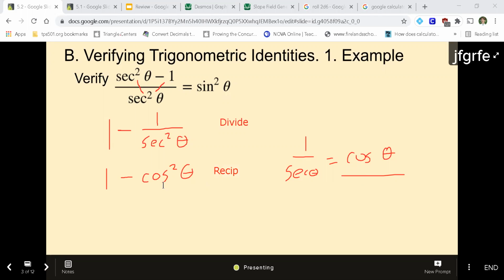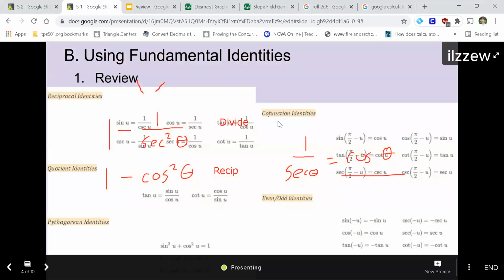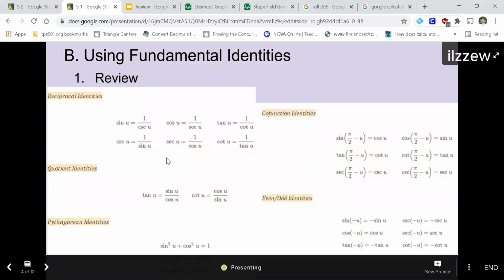Whenever you see a trig function squared, you will use the Pythagorean theorem. If you look, what Pythagorean theorem has cosine in it? It's down here. Sine squared plus cosine squared is 1.